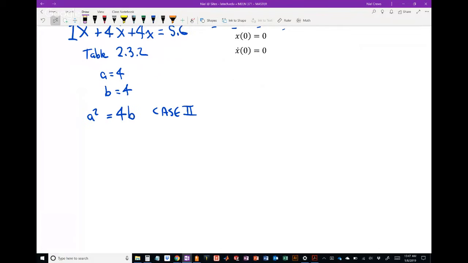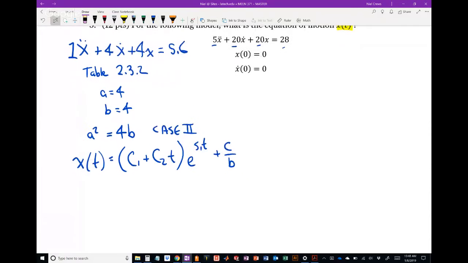All right, so the solution is in this form: x of t is equal to (c1 plus c2 t) e to the s1 t plus c over b. Oh yeah, we'll add one more thing here, c equals 5.6. All right, we're going to need that.